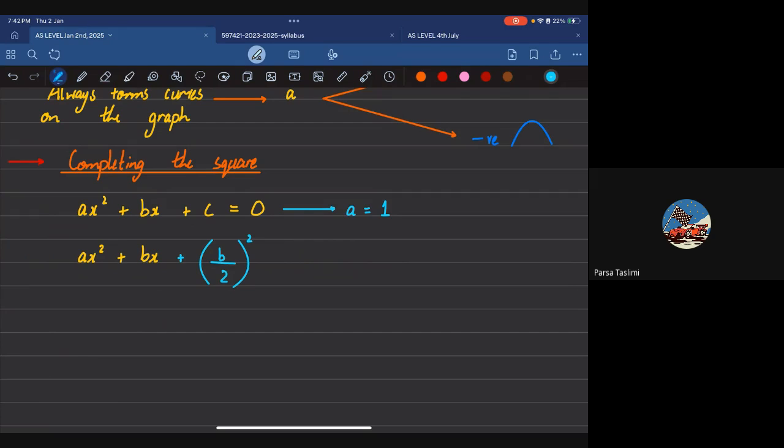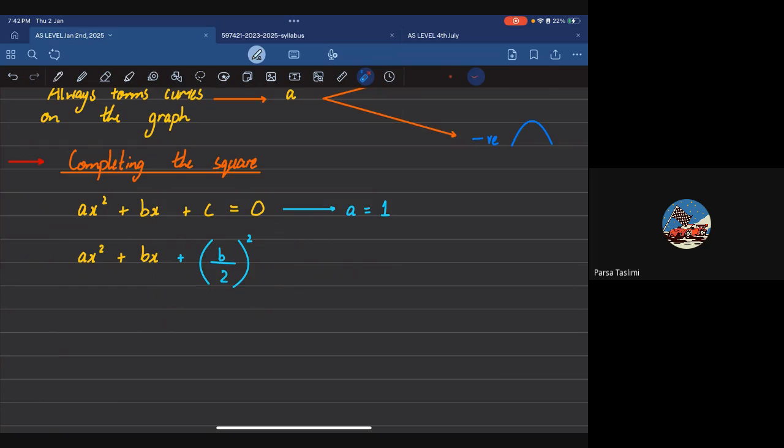So what you're doing is taking the coefficient of x, which is labeled as b over here, dividing it by 2, taking the whole square of it, and adding that into the equation.